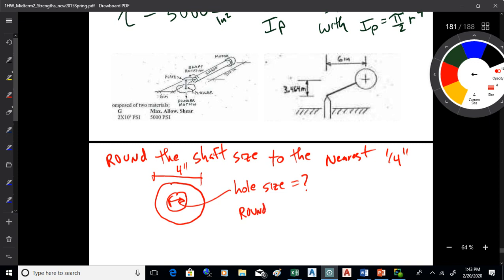Round it again to the nearest quarter inch, because normally speaking, you're not custom fabricating your own shafts. You purchase them if you're building stuff, so you round to round numbers. So just use the same numbers that you had before and figure out what size hole to put in a 4-inch shaft for that. Okay?